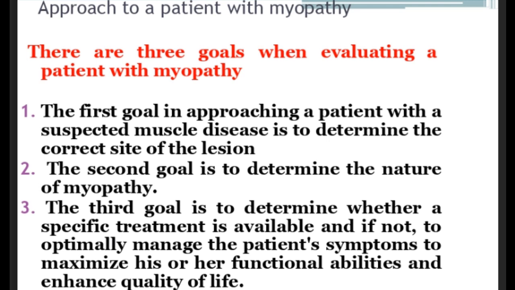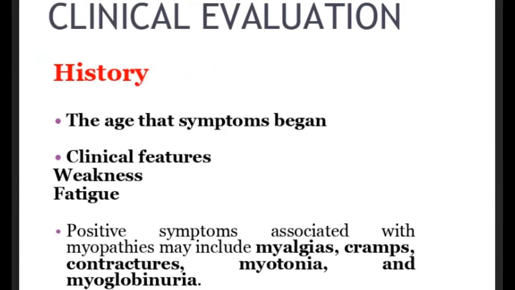Second is to determine the nature of the myopathy, and third is to determine whether a specific treatment is available, and if not, to optimally manage the patient's symptoms to maximize his or her functional abilities and enhance quality of life. Clinical evaluation: history, the age that symptoms begin, can provide crucial information leading to the correct diagnosis.